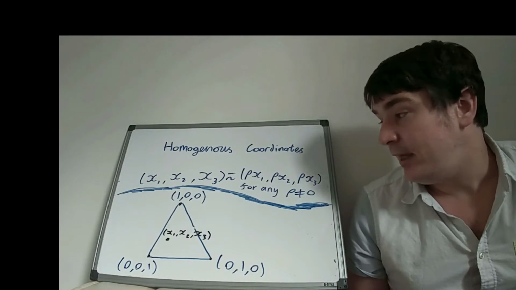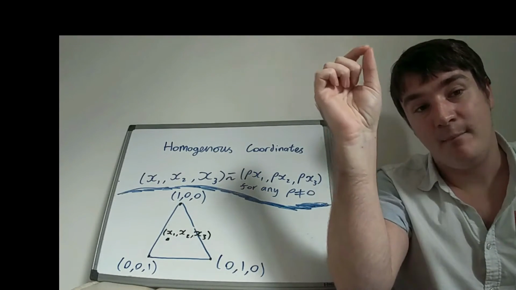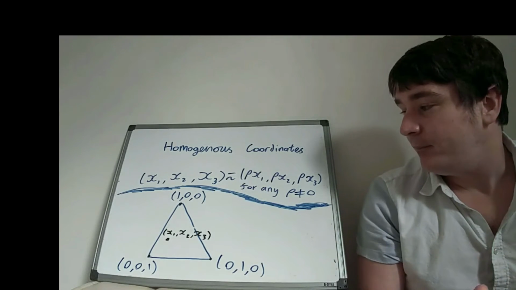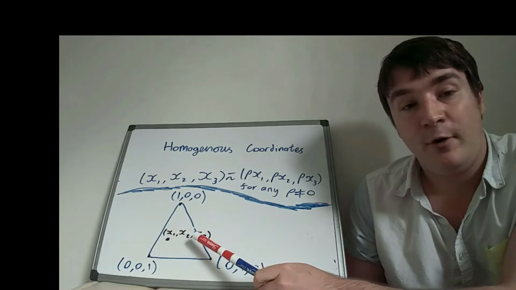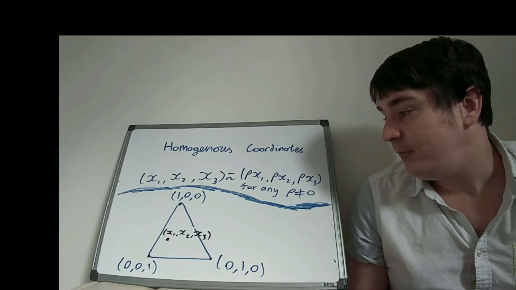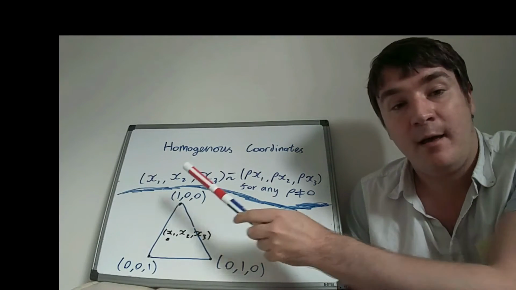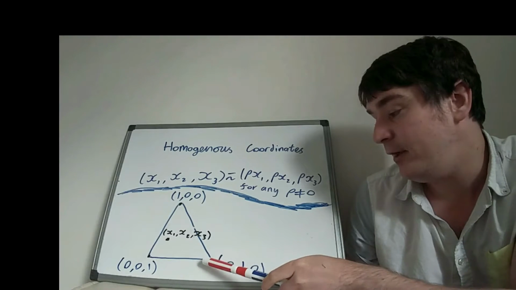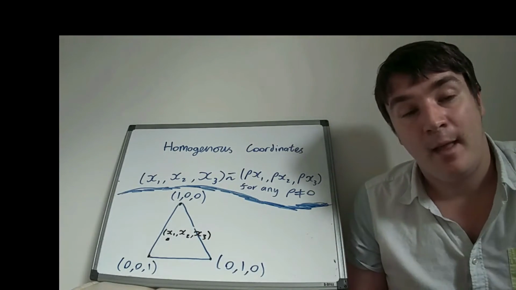Suffice to say, they form a triangle. In other words, they're not all along the same line. Okay? Now, we can interpret this point x1, x2, x3 as the centre of mass that you'd get if you load a mass of x1 onto this vertex here, a mass of x2 onto this vertex here, and a mass of x3 onto this vertex here.